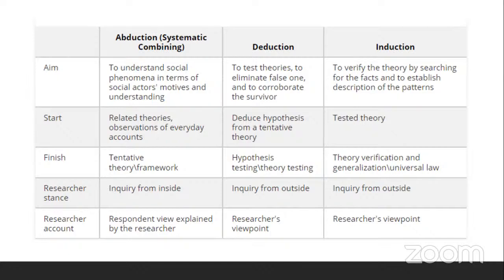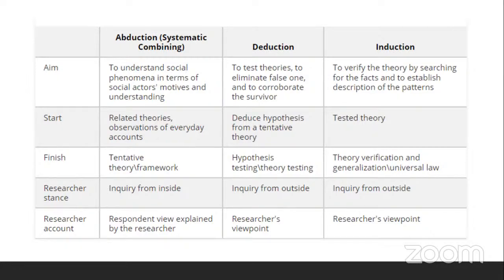It is different from deduction and induction in that it is basically used to understand social phenomena in terms of the social actors' motives and understanding. While deduction is used to test theories, to eliminate false ones, to corroborate the survivor, induction is used to verify the theory by searching for the facts and to establish descriptions of the patterns.